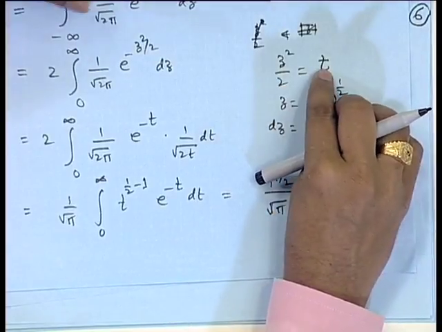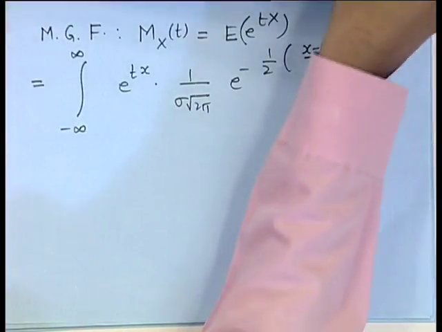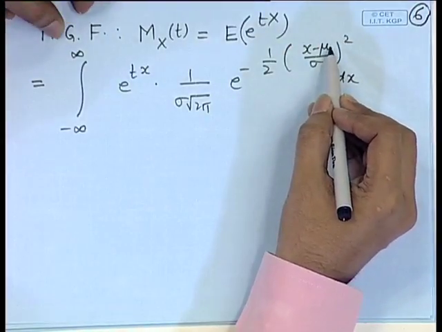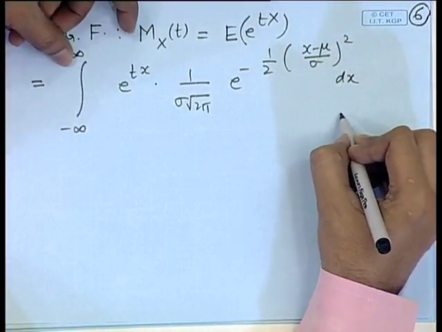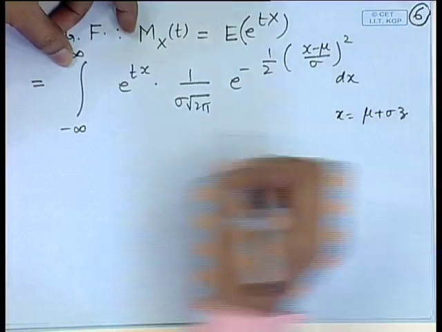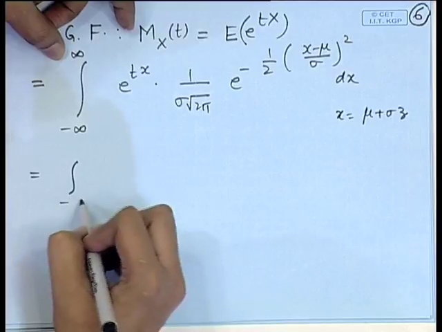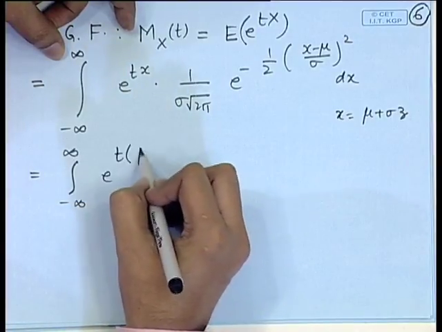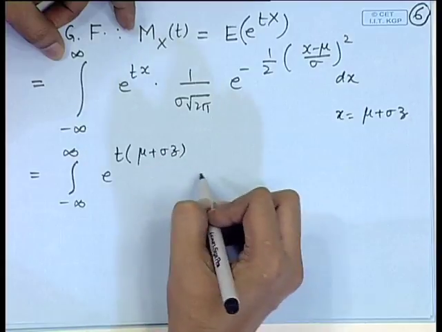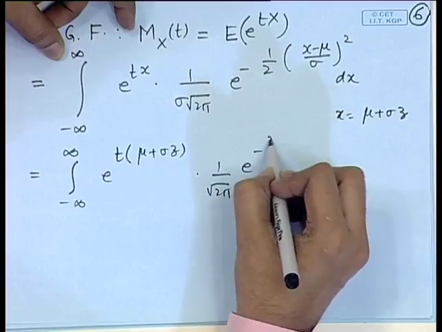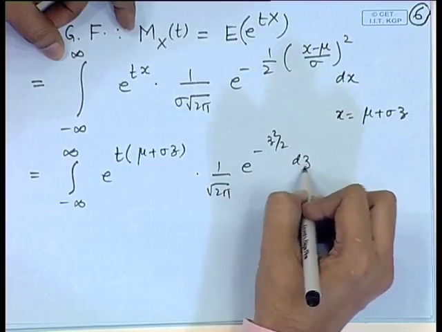So, here if we write (x minus mu) by sigma is equal to z, then we are having x is equal to mu plus sigma z. So, the integral becomes e to the power t(mu plus sigma z) 1 by root 2 pi e to the power minus z square by 2 dz.